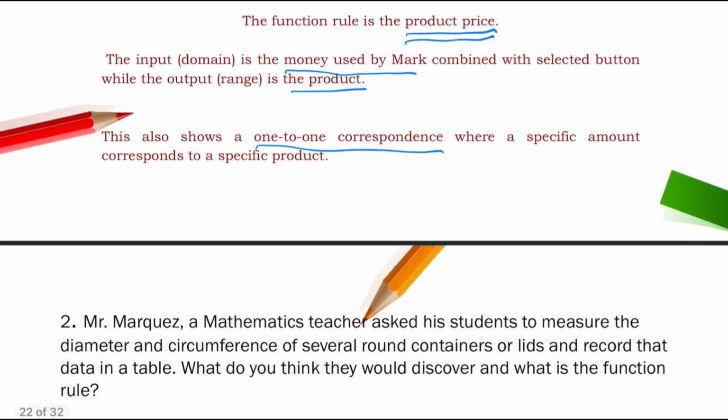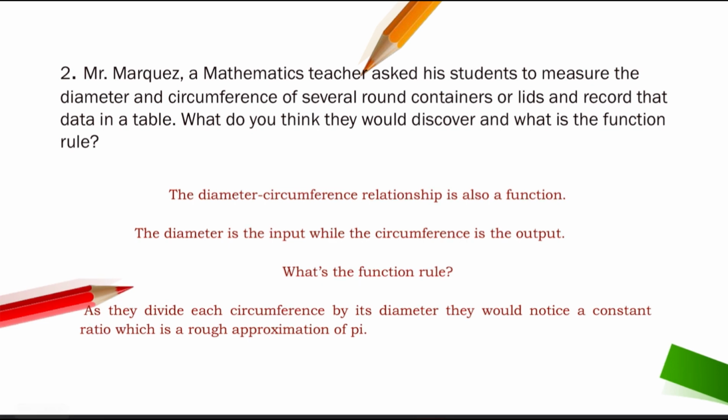Okay? Second situation. Mr. Marquez, a mathematics teacher, asks his students to measure the diameter and circumference of several round containers or lids and record the data in a table. What do you think they would discover? And what is the function rule? Now, the diameter and circumference relationship is a function. The diameter is the input, while the circumference is the output.